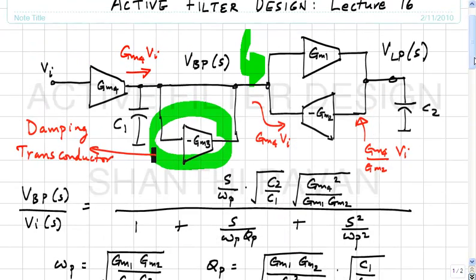Well, please observe the following. What is the input current flowing in here? It's a voltage controlled current source, so the input current is 0, which means the input impedance is infinite.